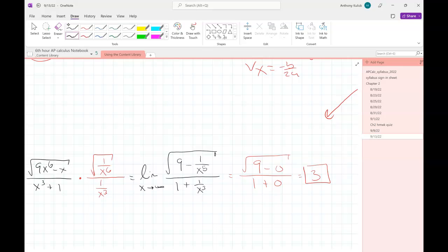And then these are way back in 2.4 or even 2.3. And then I'm using the limit laws on page 99 to do the rest of it. But as long as you have continuity, you can just push that limit all over the place and do what you need to.